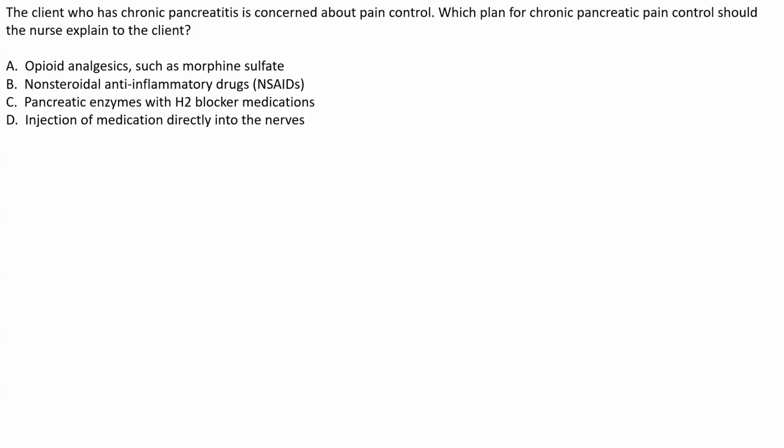So the H2 blocker is going to create like a wall, a protective barrier, to prevent the enzymes from affecting the tissues. So that's why C is the correct answer.